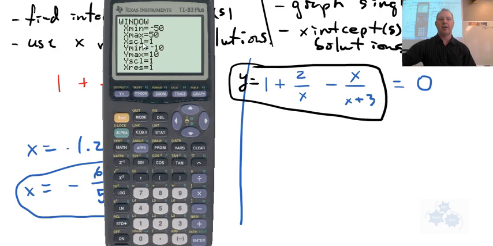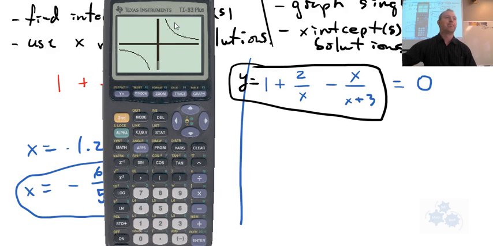So let's change our y values as well. Instead of going negative 10, let's go negative even 0.5, because we're looking to see if it touches the x-axis, right? So even from negative 50 to positive 50 here, it doesn't appear to be touching. So it looks like we just have the one intercept there. Okay?